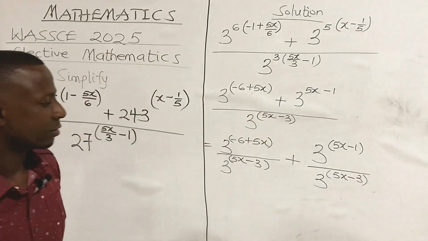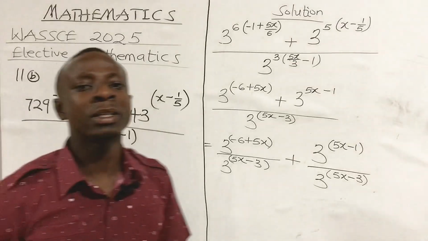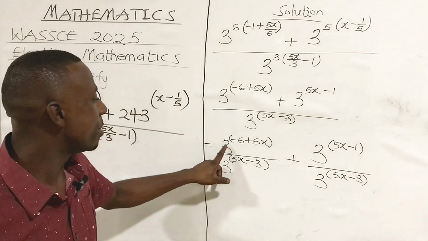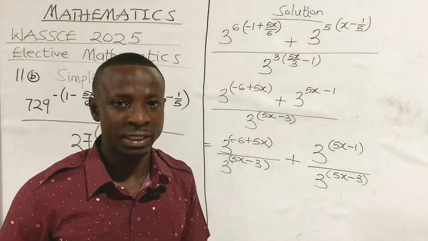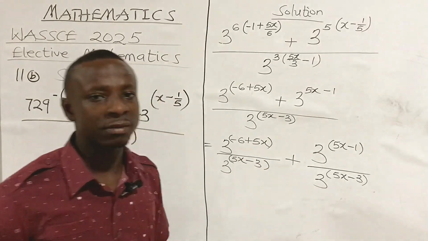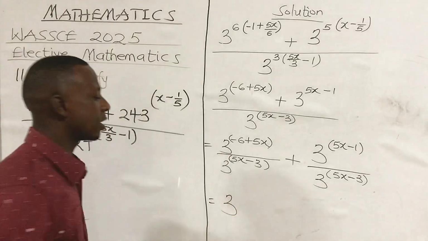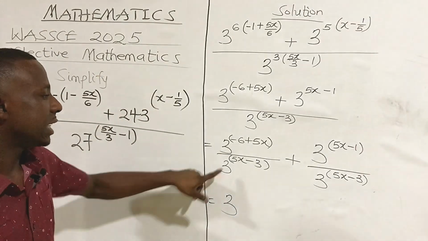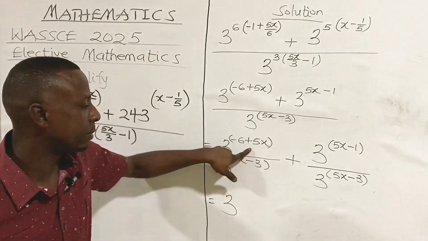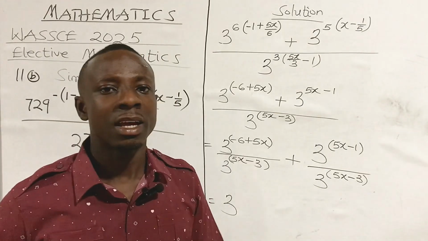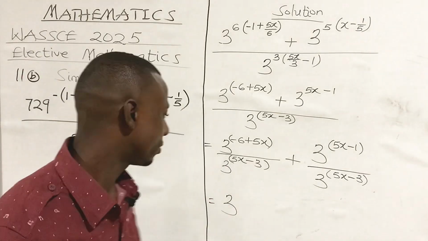Now we know that when indices are dividing, we maintain one of the bases and then take the difference of the exponents. But before that, let me make it step by step.